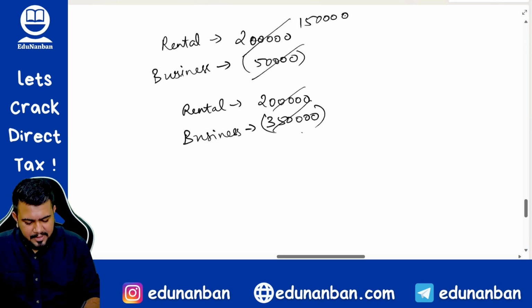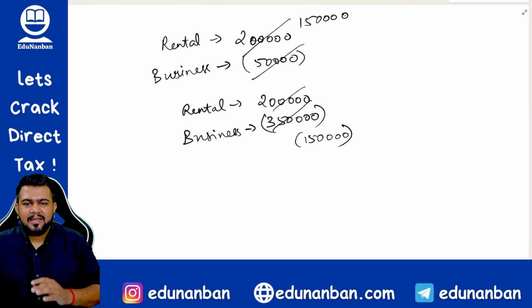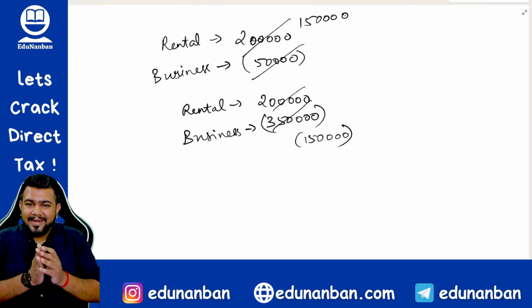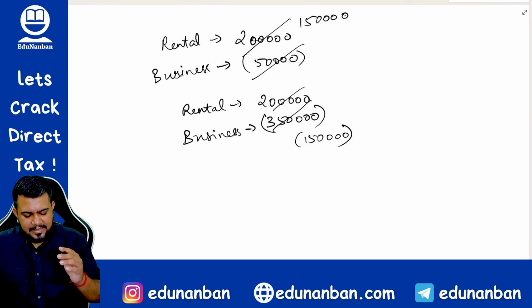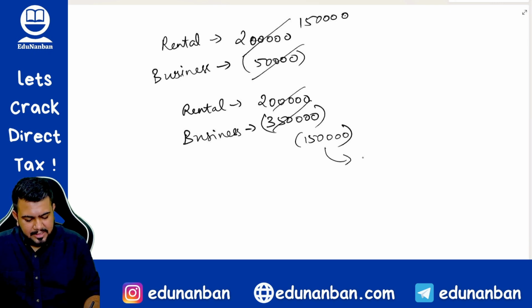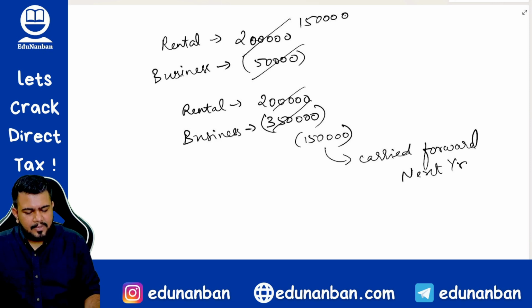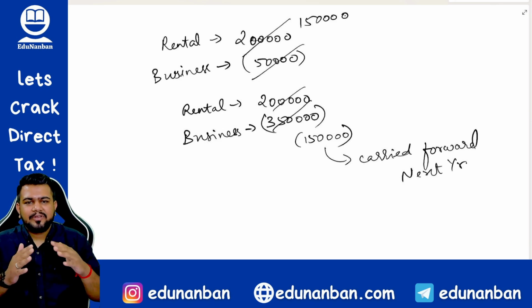But now a loss of 1,50,000 is still remaining even after doing set off. In such a case, this balance loss can be carried forward to the next year, and in the next year, whenever there is a profit, I can do the set off.